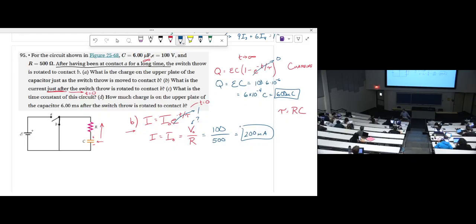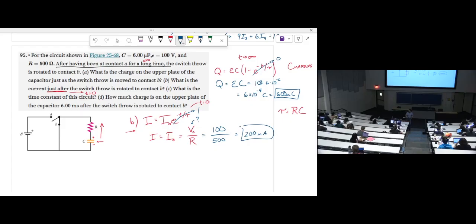Here's the rub. On your homework, or on an exam, part A will say that we close the switch to A, and it stays that way for 1 second, meaning that the capacitor does not fully charge. It doesn't reach the maximum amount of charge, the 600 microcoulombs. Let's say it only reaches 300 microcoulombs in that 1 second. I don't know what the actual number is, but it only gets halfway, or some partial way, charged.